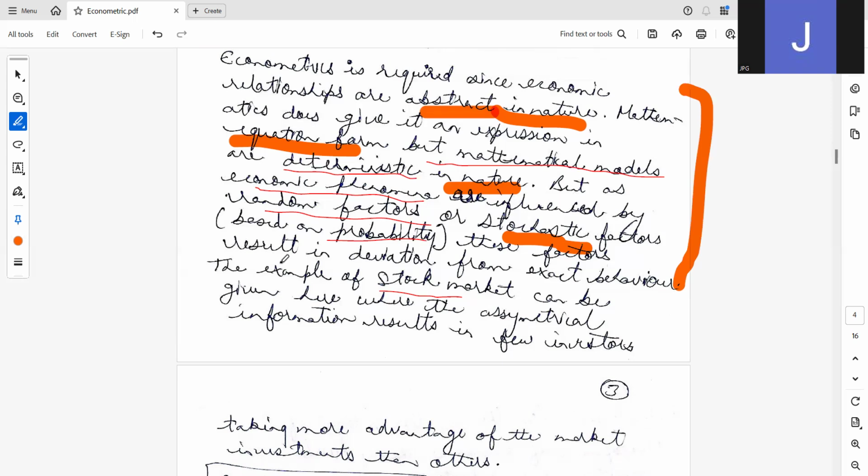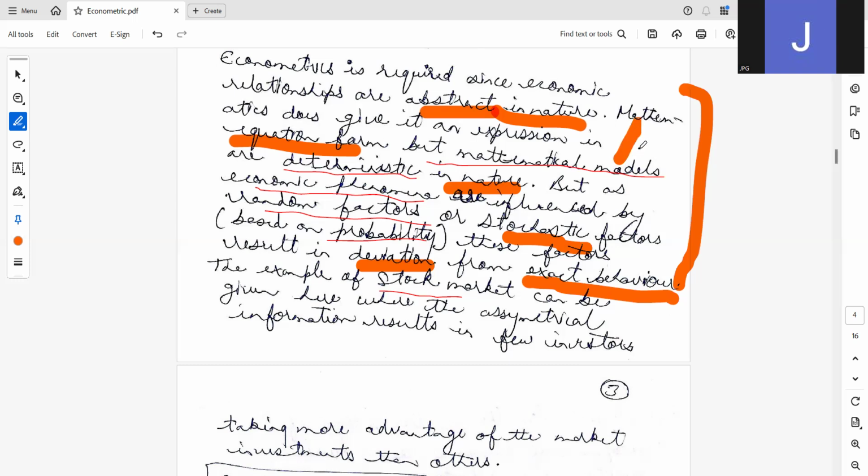And there will be deviations from that perfect picture that you have placed in your drawing room. So real life will always show deviation from that photograph. Fine. So that is what it is, there are deviations from the exact behavior.